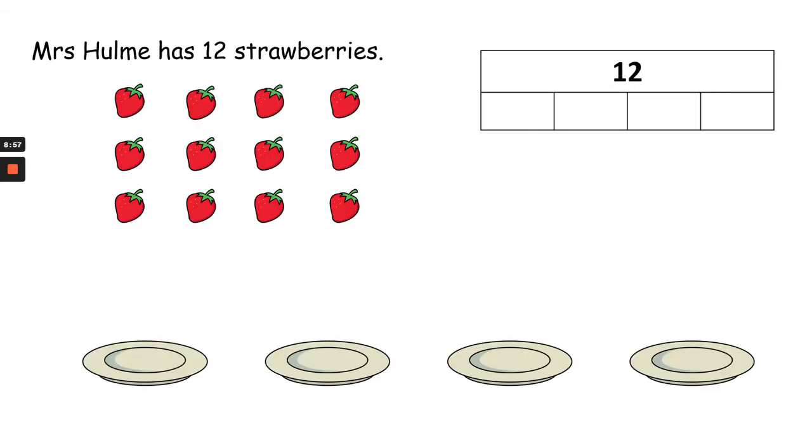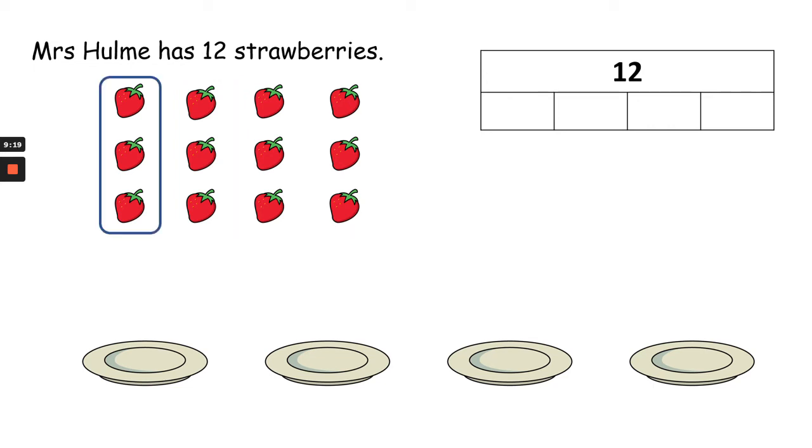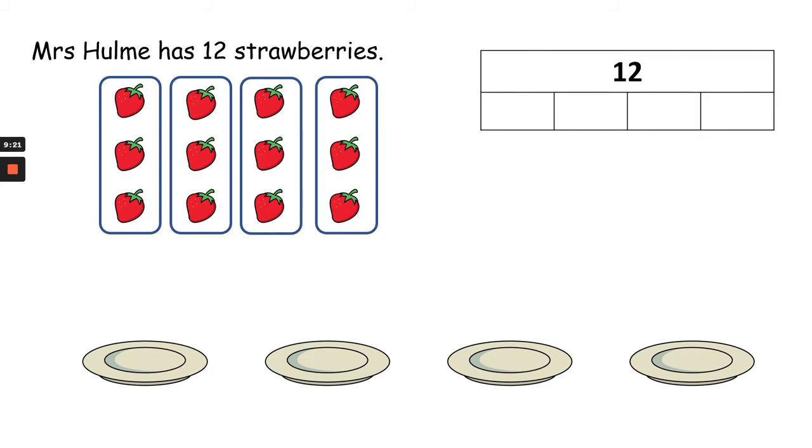I have 12 strawberries. I'm going to show my division in a bar model now. We're going to still divide the strawberries up, but we're going to see how it would look on a bar model. Can you see again how my image is represented? I have already got the groupings that I need, and I can use my knowledge of arrays.